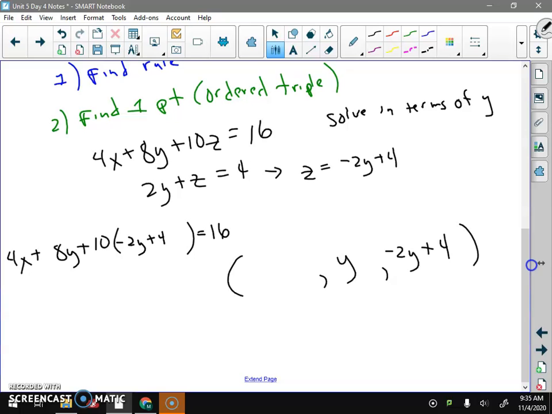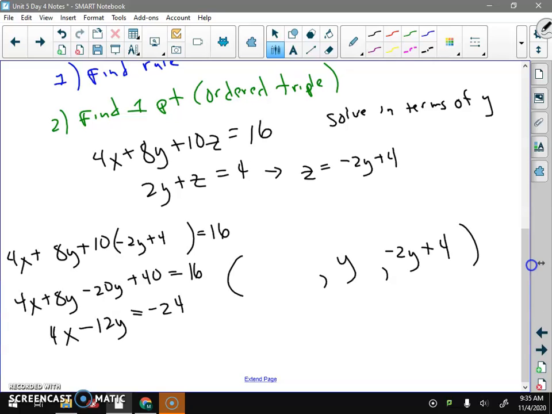I'm going to solve for x in terms of y. 4x plus 8y minus 20y plus 40 equals 16. Combine the y's. 4x minus 12y. Move the constant over. 16 minus 40 is negative 24.